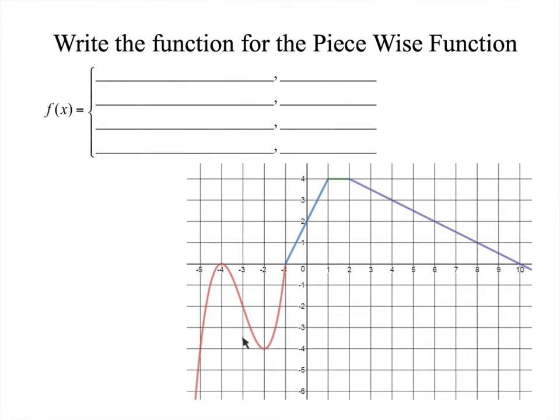So the first one I'm going to talk about is the red function. Hopefully you can tell that red function, let's call it a polynomial. Normally, you'd have to actually put the equation of the polynomial, but right now I'm just going to say the word polynomial for the red function. And then we talk about the interval. Now the interval is from this.